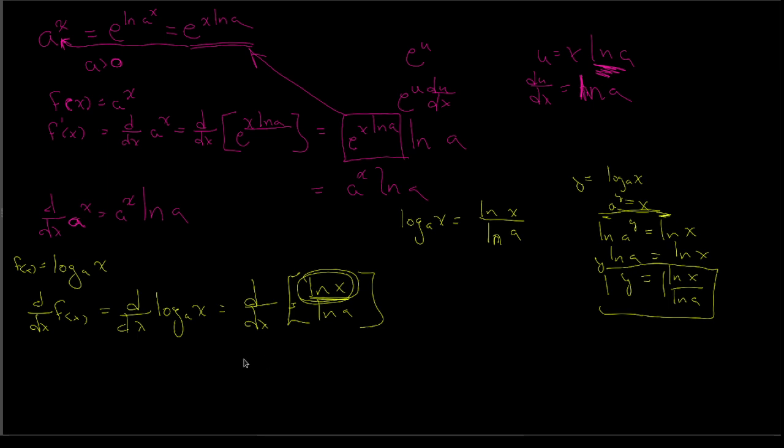So we pull the 1 over ln a out front, and we do d dx of ln x, which we solved at the end of the last lecture. And so this is 1 over ln a times 1 over x, which we tend to see as this.